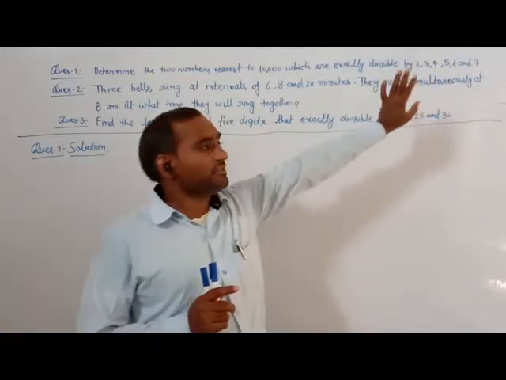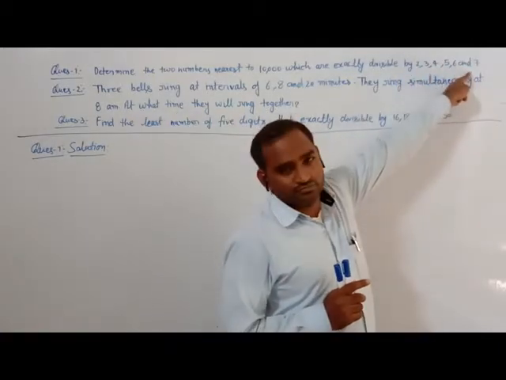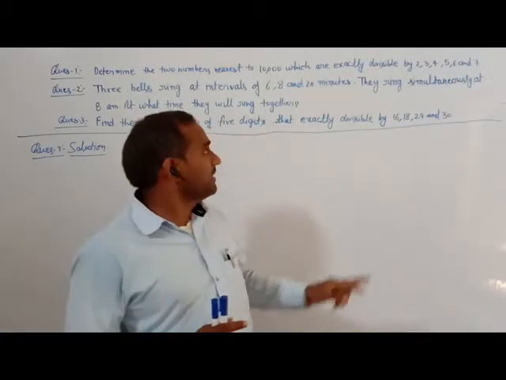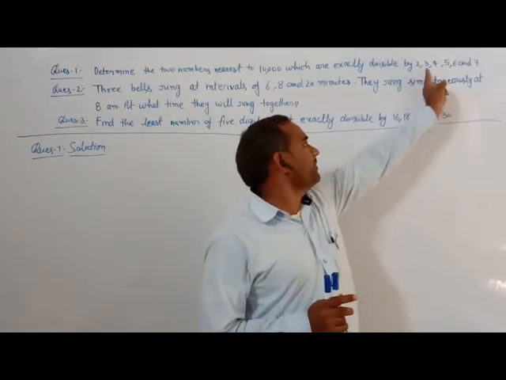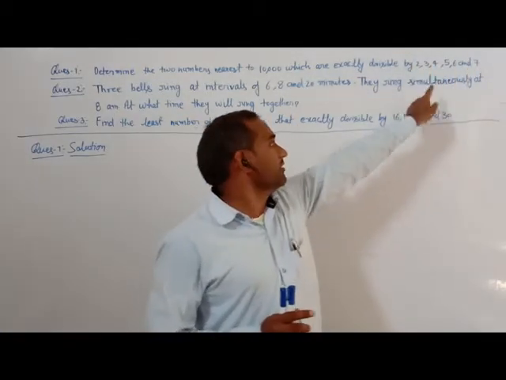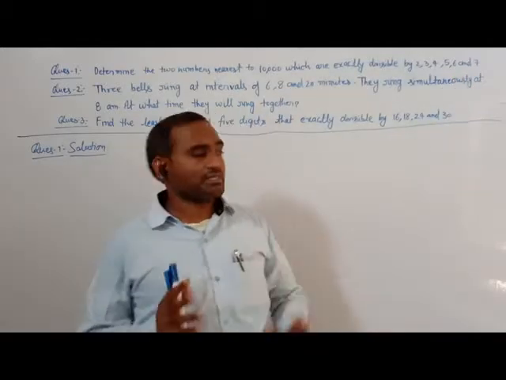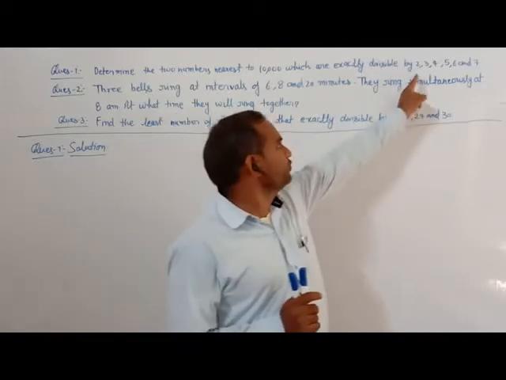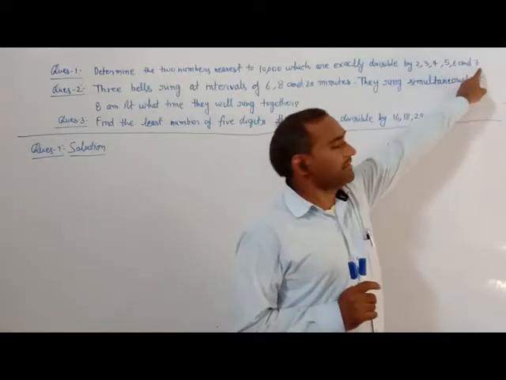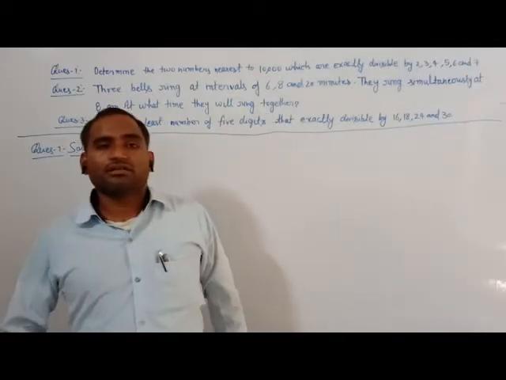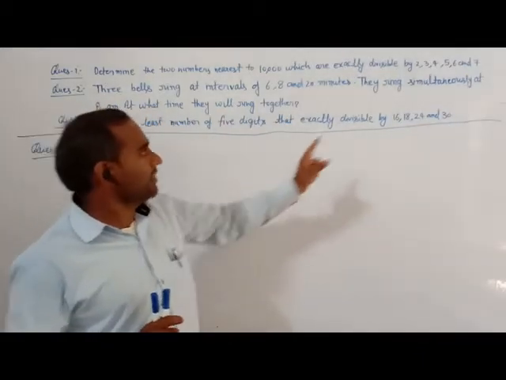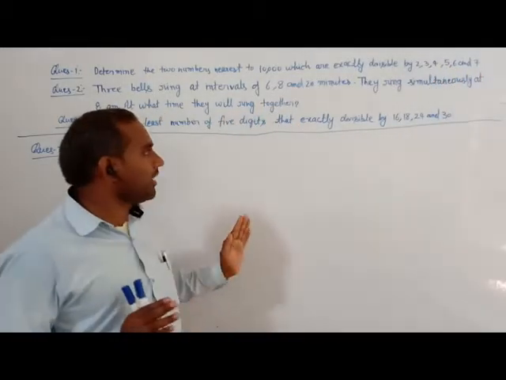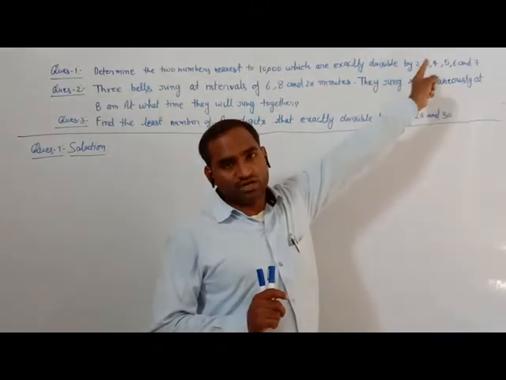First of all, the multiples of the LCM will be divisible by the given numbers. So any number which is divisible by 2, 3, 4, 5, 6, 7 should be a multiple of the LCM of the given numbers.